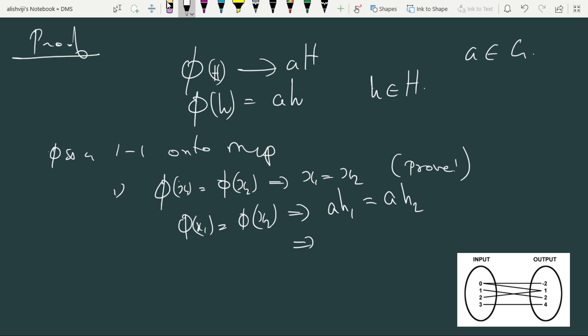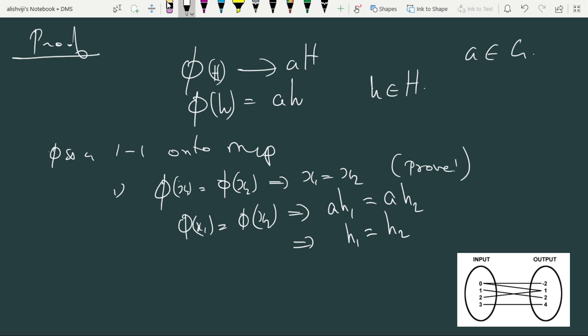So that means if you pre-multiply with A inverse, where A inverse is an element of G, then A inverse H1 is equal to A inverse H2, which means H1 is equal to H2. H1 and H2 are two elements of H, and they are equal.